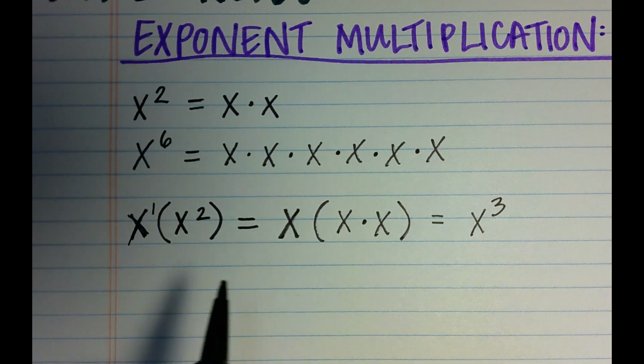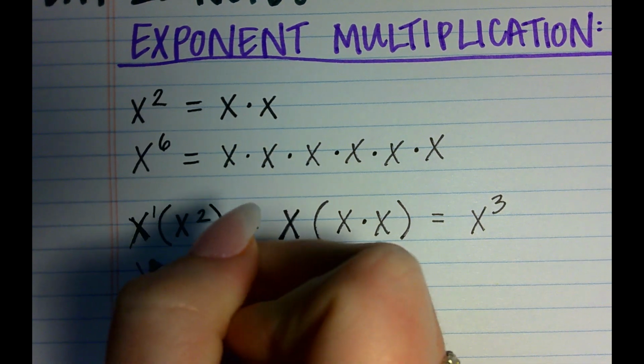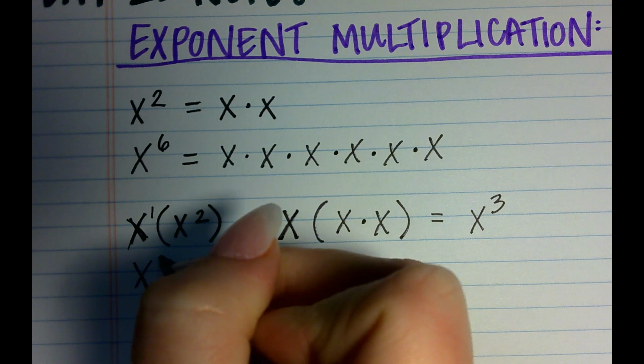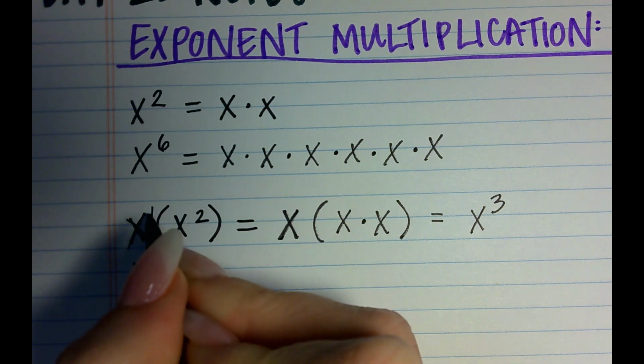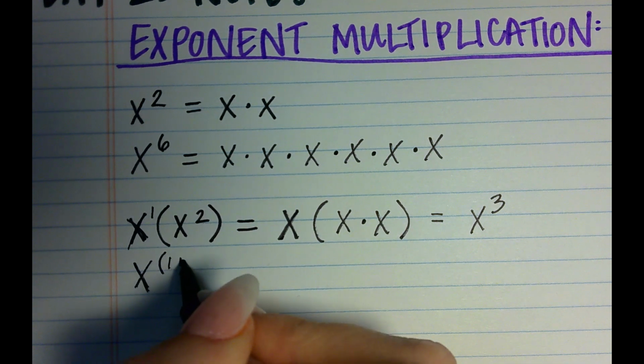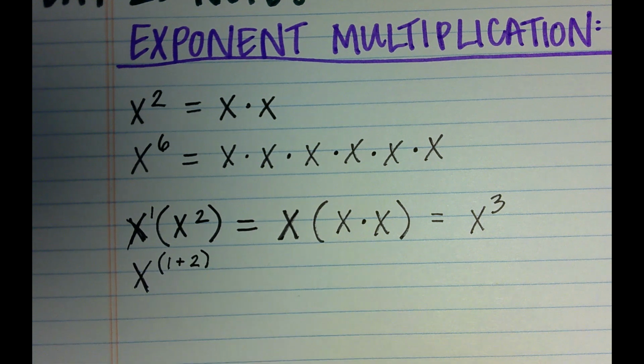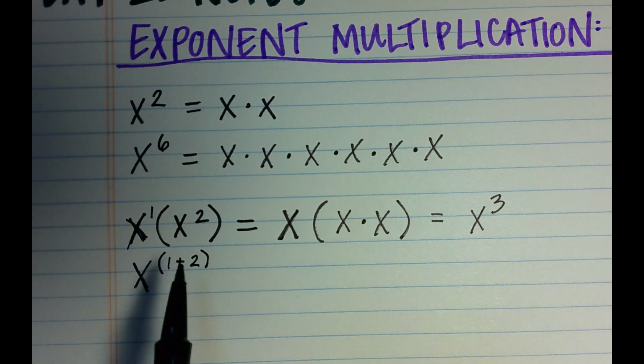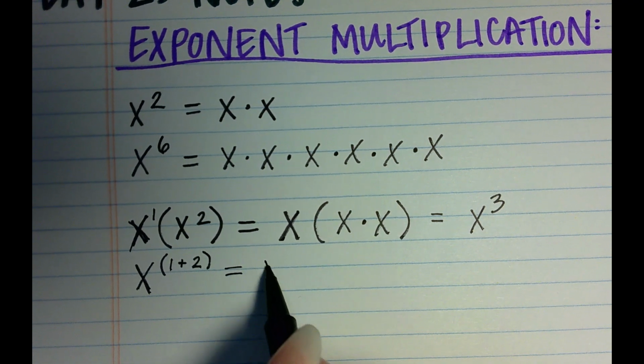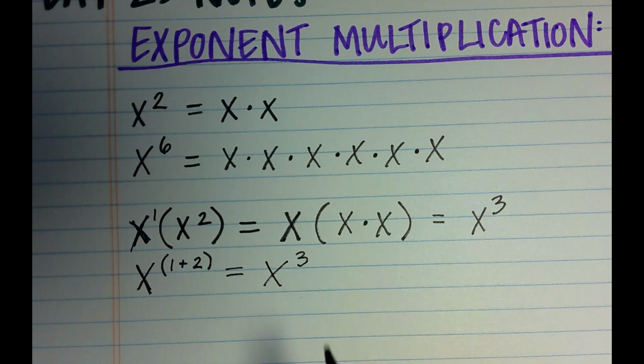We can also think of this as x to the 1 plus 2, which gives us x to the 3rd.